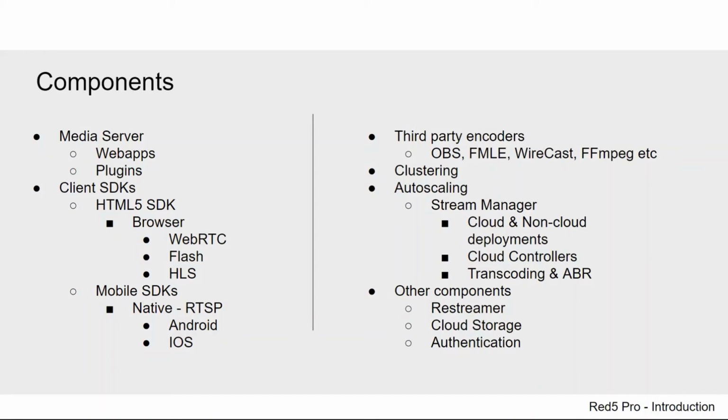So your clients will be connecting to a certain quality version of the variants created, and then the server will automatically switch them to the appropriate quality based on their bandwidth. And this is how you can cater to different kinds of bandwidths across the world using Red5 Pro.